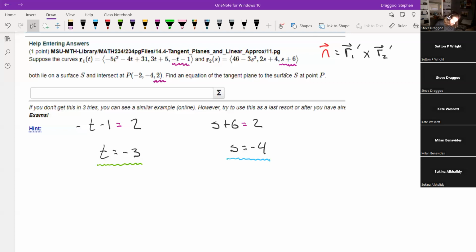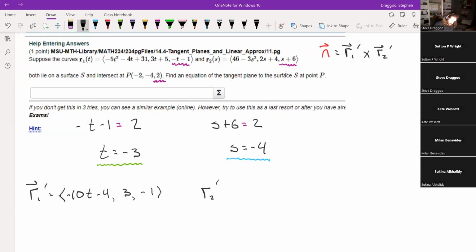So I am going to want derivative vectors. R1 prime is whatever the derivative of this thing is. It looks like negative 10t minus 4, and then 3 and negative 1 for our next two components, since each of those were linear. It's the same thing I got when I did it earlier.